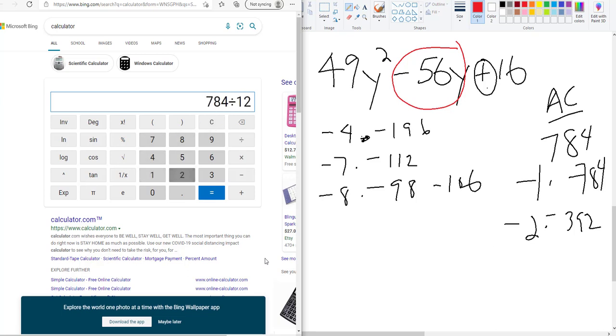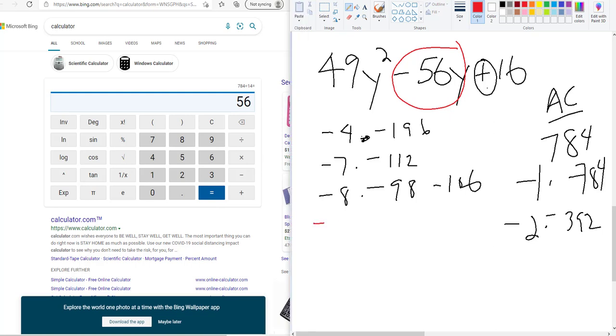784 divided by 12, 784 divided by 13, 784 divided by 14, so negative 14 times negative 56. That's negative 70. So look, I'm a lot closer than I was a minute ago. I need negative 56.